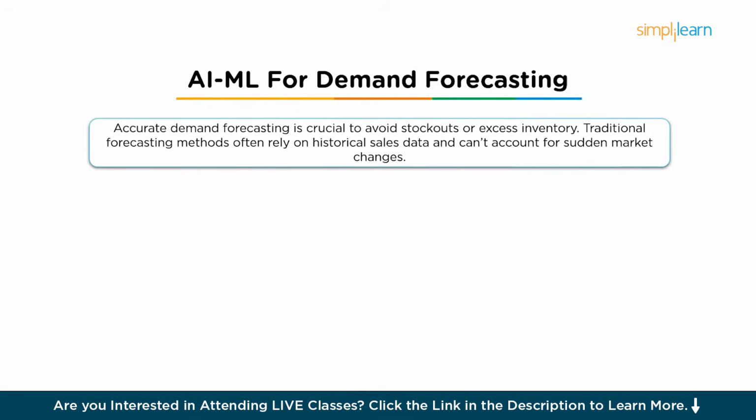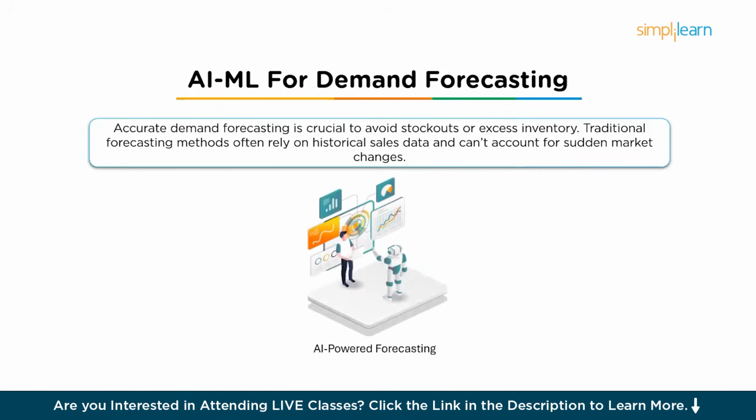Accurate demand forecasting is crucial to avoid stockouts or excess inventory. Traditional forecasting methods often rely on historical data and can't account for sudden market changes, whereas AI-powered forecasting and machine learning models analyze vast data sets, including sales trends, social media sentiments, weather forecasts, and economic indicators to predict demand more precisely.